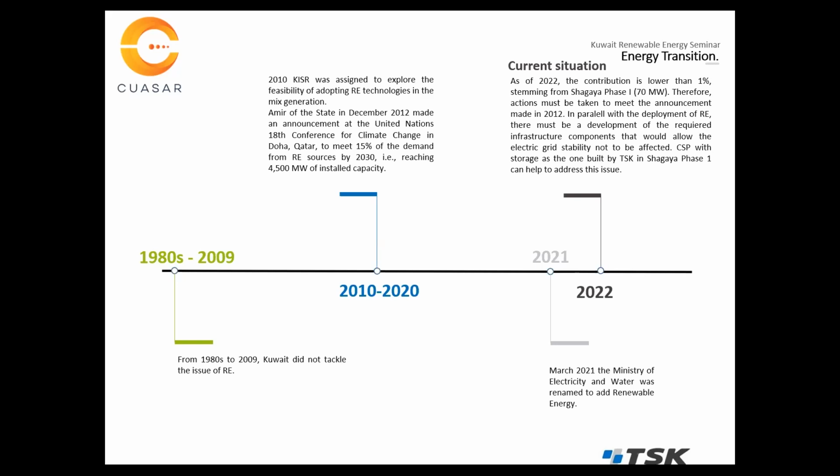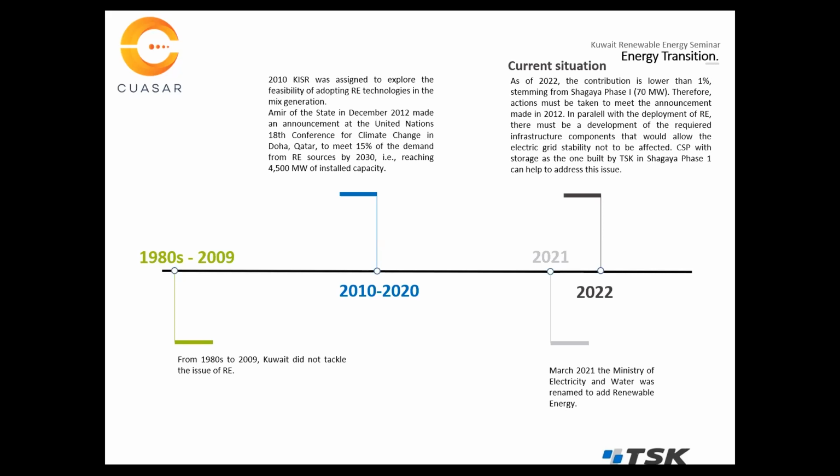We guess that your investigations were the base of the Emir's announcement in December 2012 at the United Nations Conference for Climate Change in Qatar, that Kuwait should meet 50% of the demand from renewable energy sources by 2030. Meaning that this should be around 4 or 5 gigawatts of installed capacity.